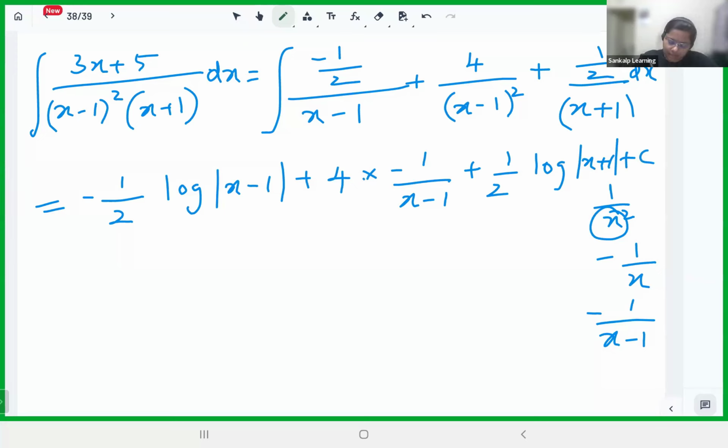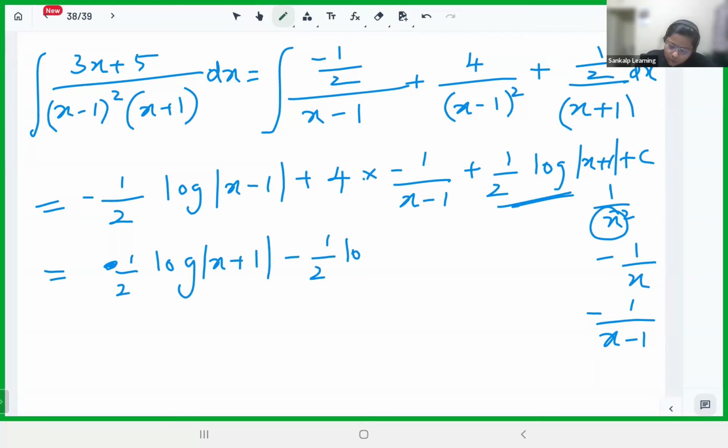So we can rearrange this. This can be written as 1 by 2 log mod x plus 1 minus 1 by 2 log mod x minus 1, then minus 4 by x minus 1 plus c.